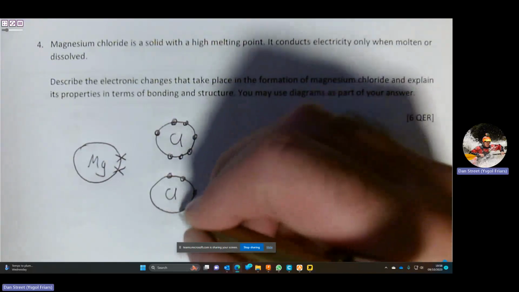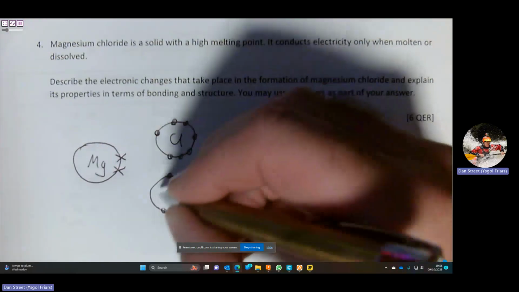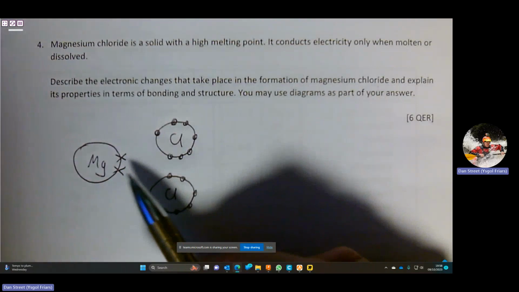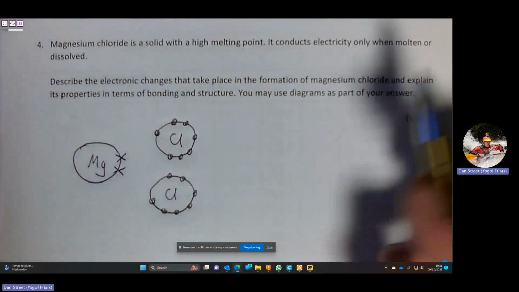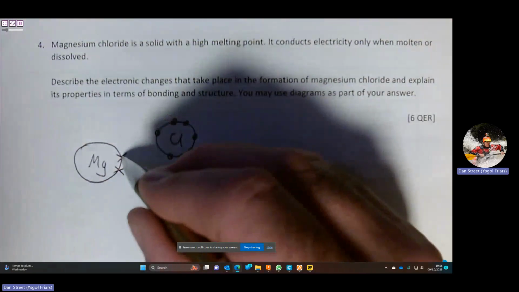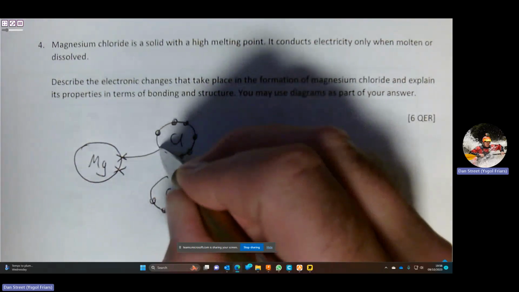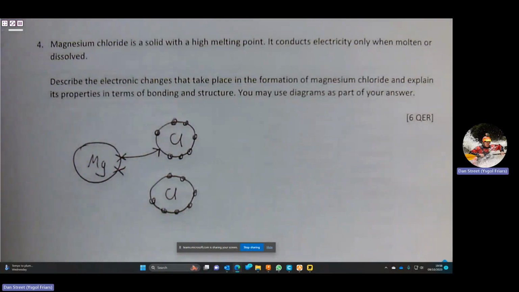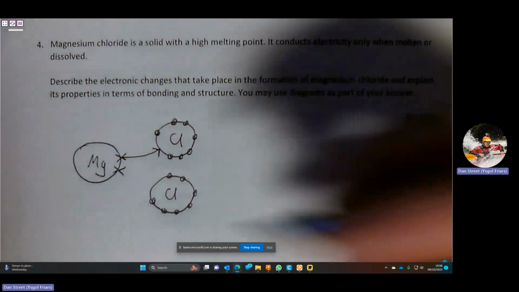So in the ionic bonding diagrams, we need to show the change. Because it's an ionic compound that consists of a metal and a non-metal, we need to show that this electron here is given away, and this chlorine atom gains that electron to become a chloride ion.